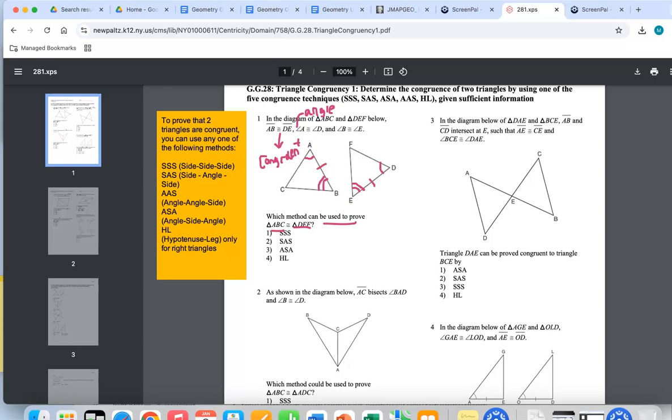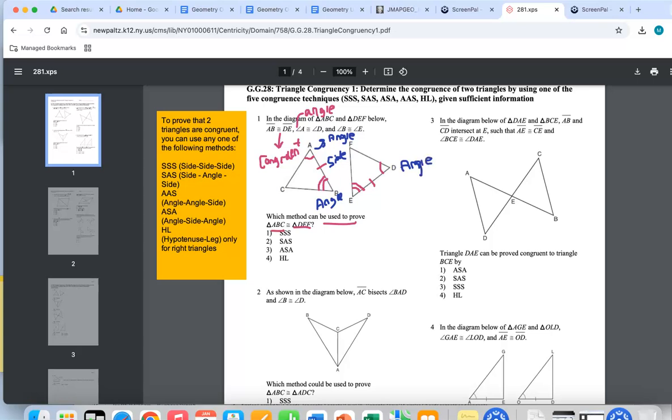So the way I look at this, and this takes some getting used to, is that right here, this is an angle. This right here represents a side. And this right here represents an angle. And we want to make sure that the other triangle has something similar. So we have, yes, an angle.